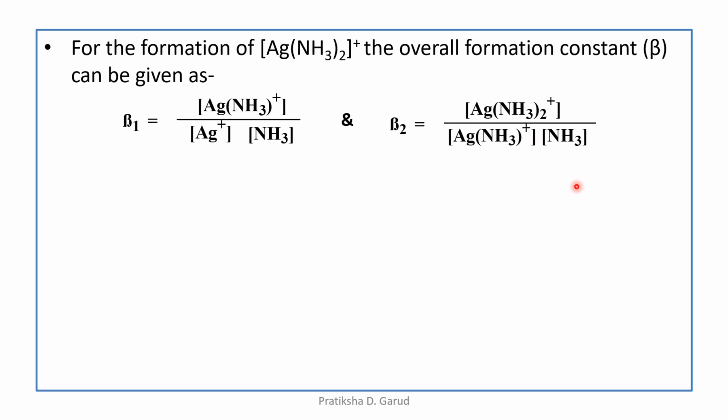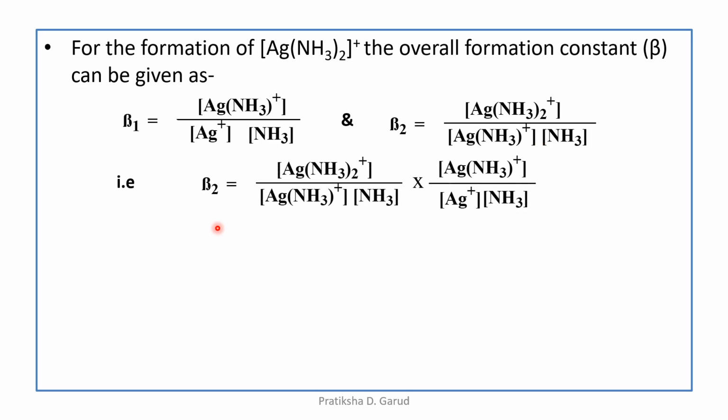Now let us correlate this with the stepwise formation constant. We can say that B2 is equal to AgNH3 twice plus divided by AgNH3 plus into NH3, into AgNH3 plus divided by Ag plus into NH3, right? So simply we can say that it is equal to K2 into K1. We may refer to the earlier reactions, right?